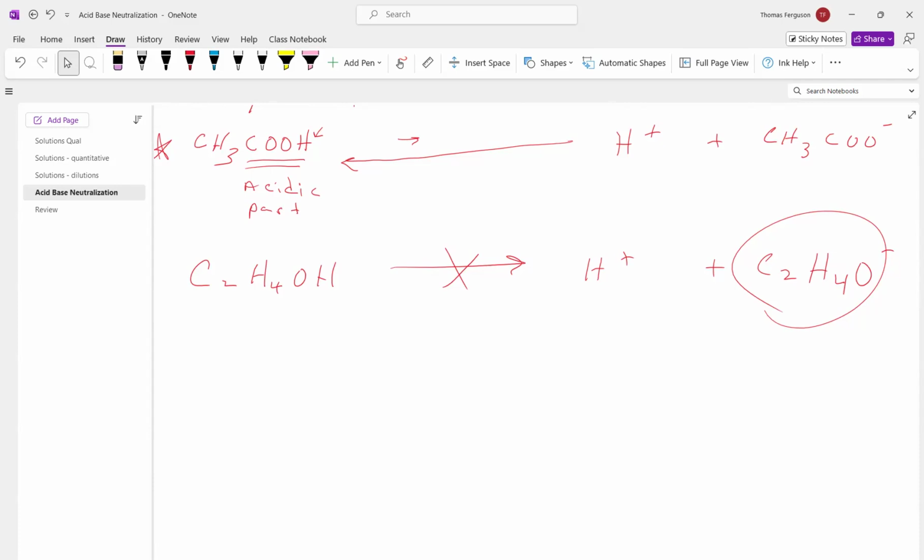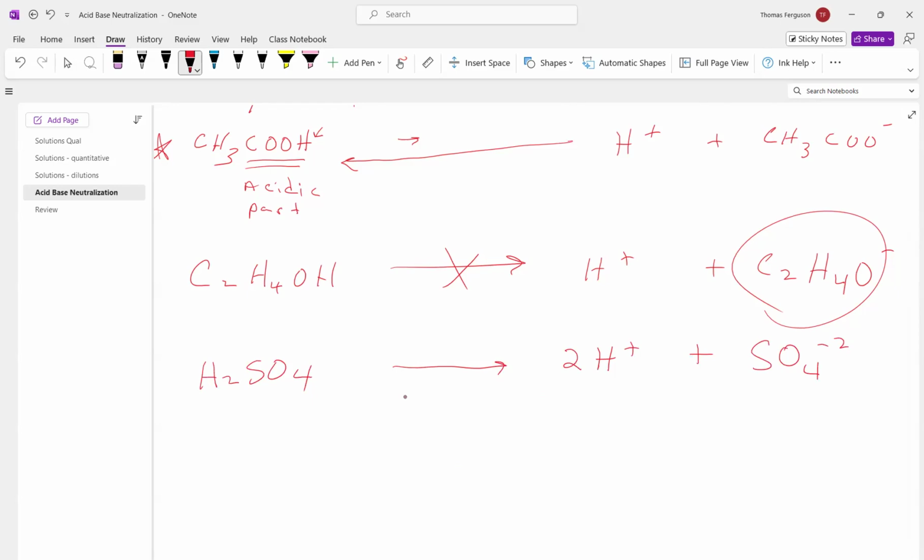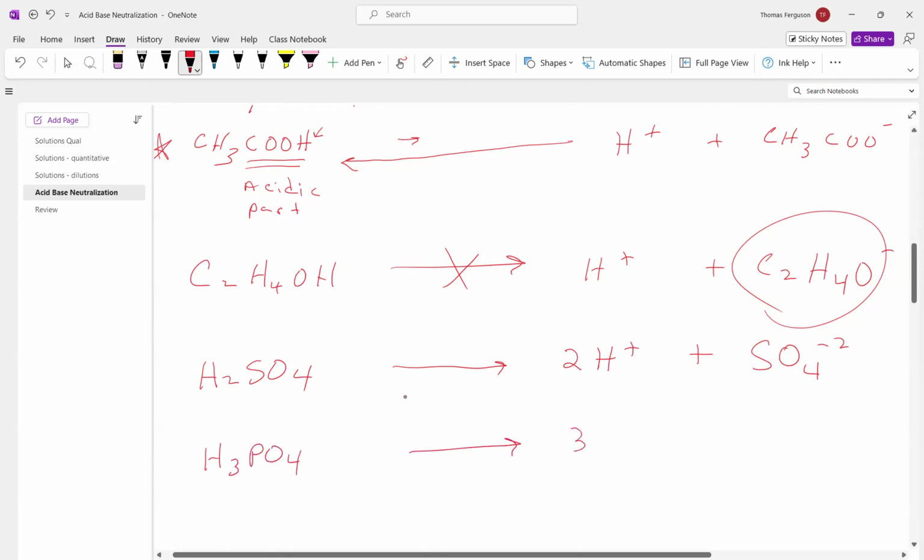Okay, so let me show you another kind of acid. That's sulfuric acid. Sulfuric acid is unique because it has two hydrogens that come off. And then we have phosphoric acid.